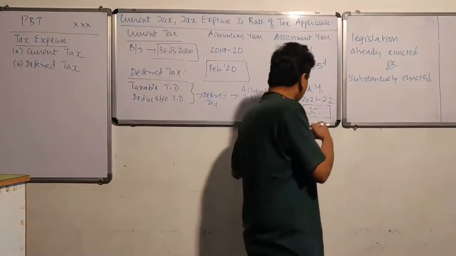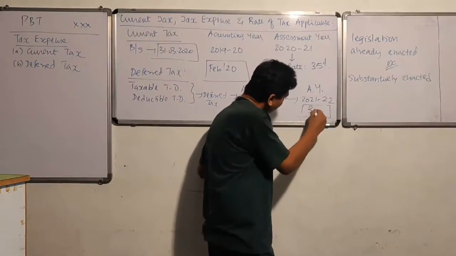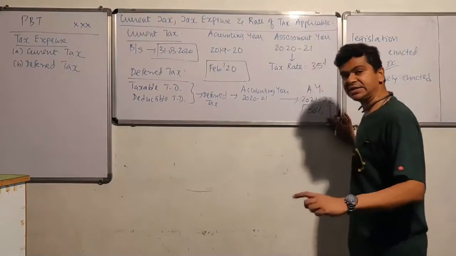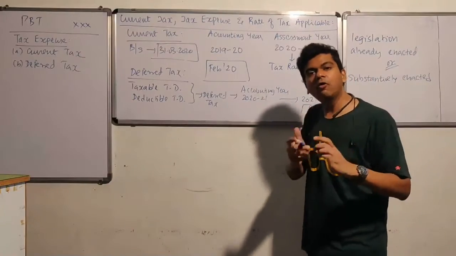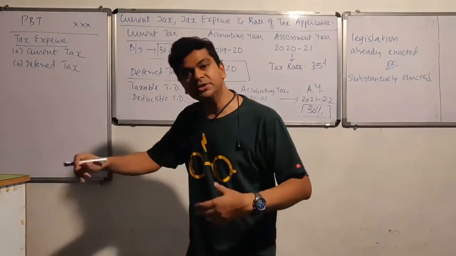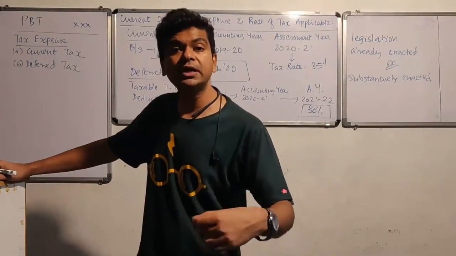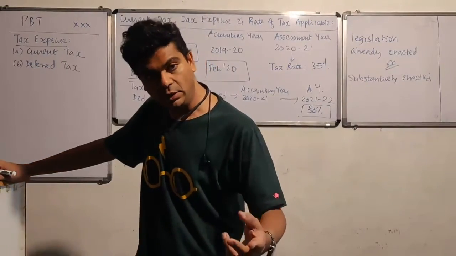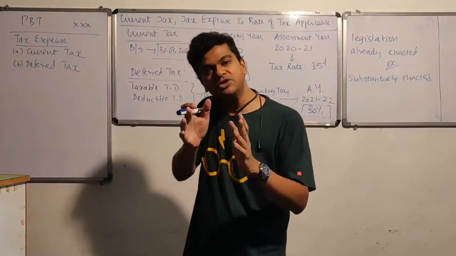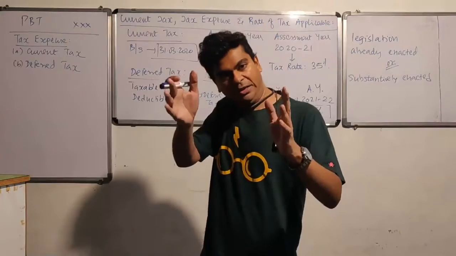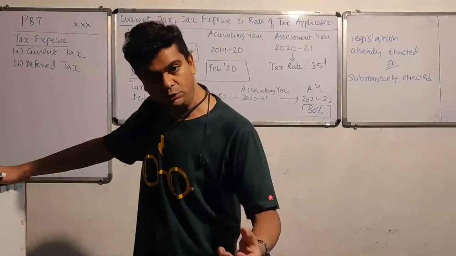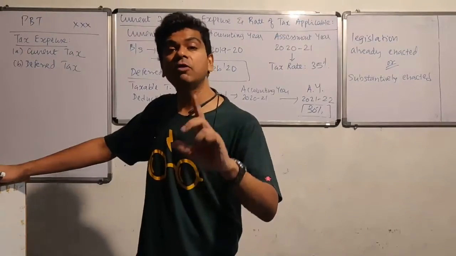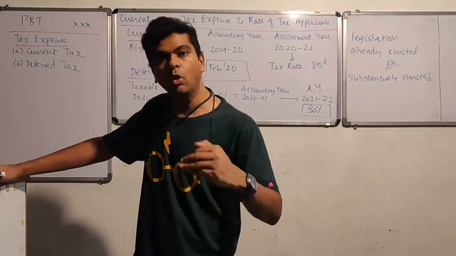So this is where the government announces that the tax rate for the next assessment year is 30%. Now, the moment the government announces that the tax rate is 30%, it does not mean that the legislation has got enacted. We know the process that is followed in India. First of all, in February 2020, the budget proposals will be announced. Then the finance bill will be discussed and debated in the Lok Sabha.